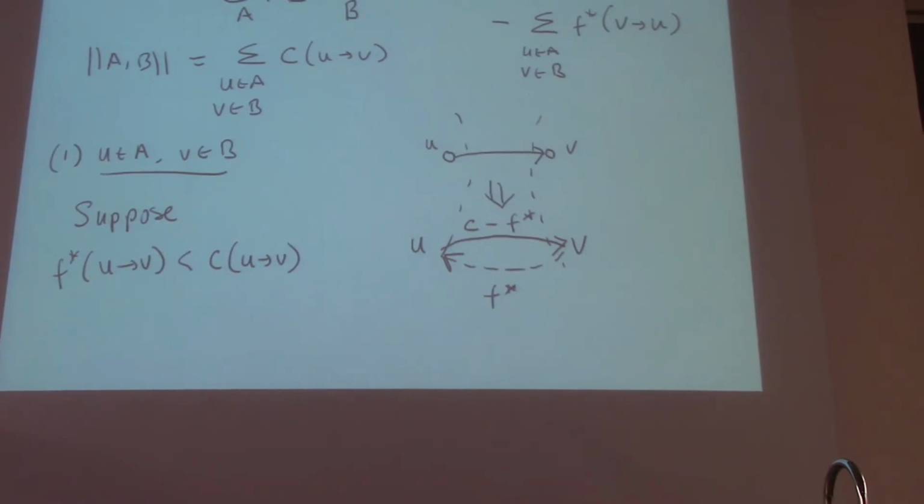Is that correct? Yes? But now we have a problem. Can anyone see the problem? This is in our final graph. This is what this edge UV now looks like in the final graph, where we've constructed this cut. What is the problem?